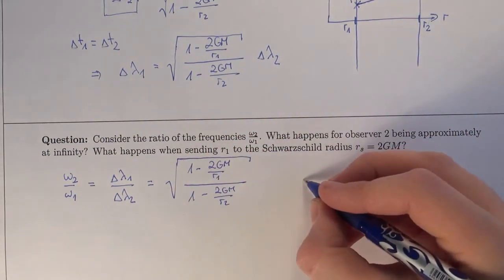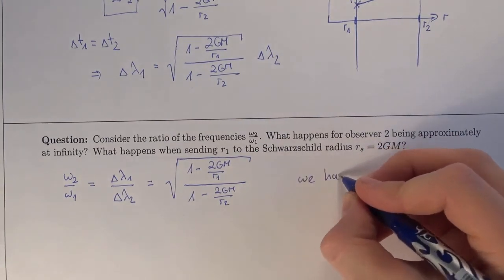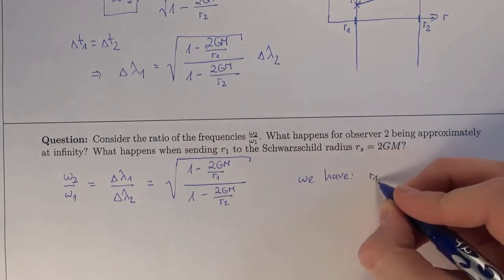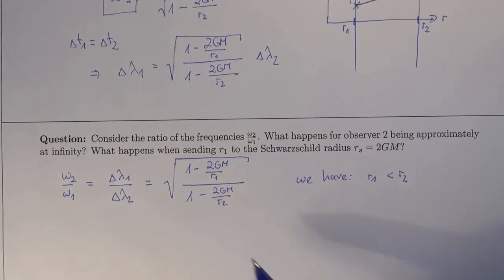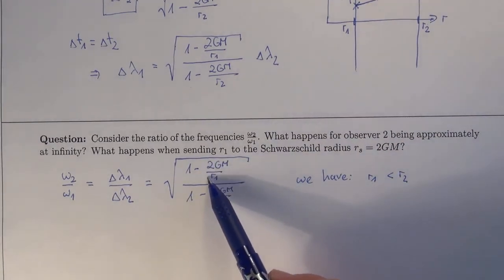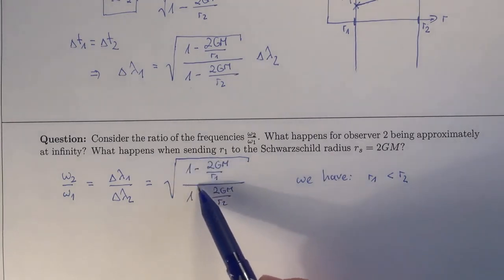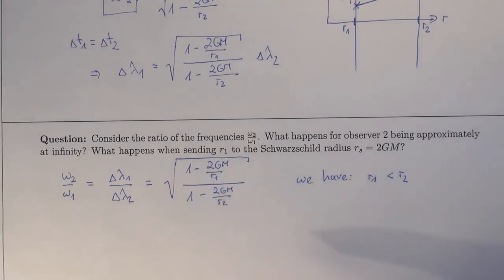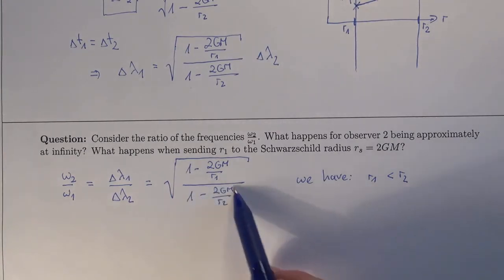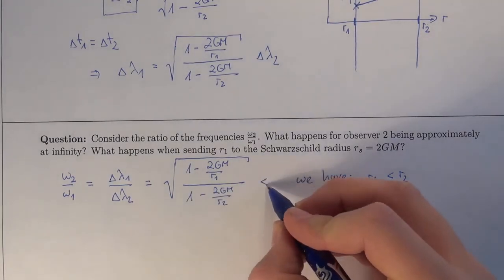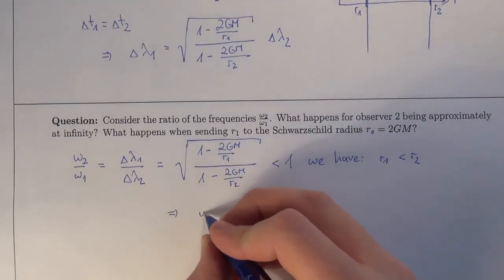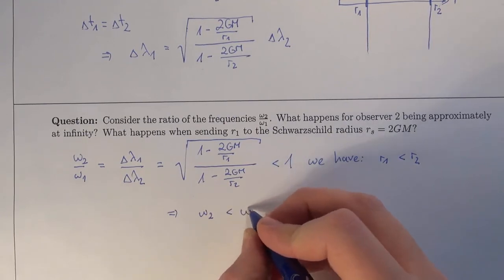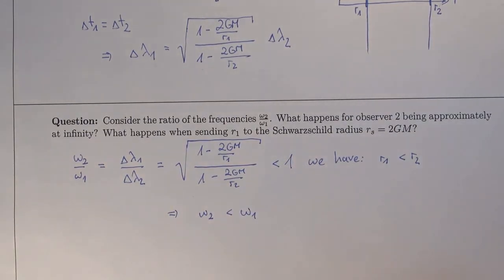And indeed, since r1 is smaller than r2, we see that the numerator up here is smaller than the denominator, so this will be smaller than 1, which corresponds to omega 2 being smaller than omega 1.